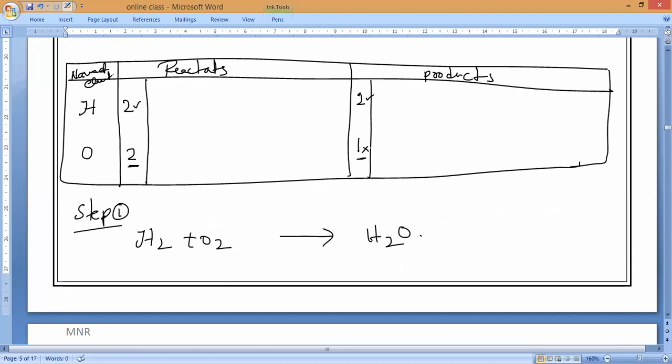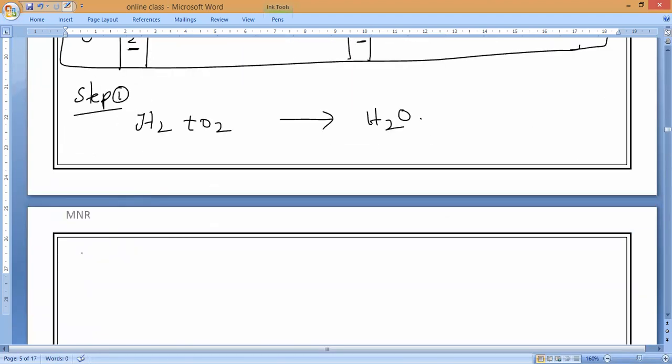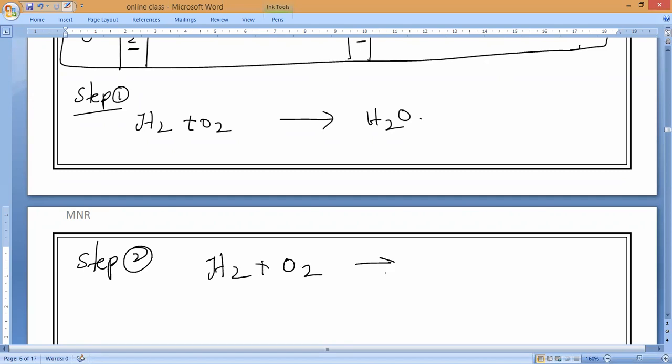So if I multiply with 2, step 2: H2 plus O2 equals 2 H2O. Is it possible to write only O2?